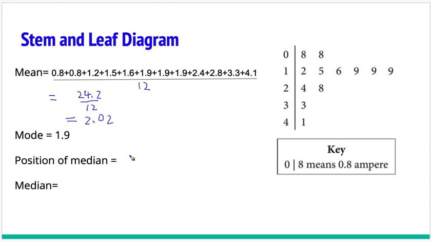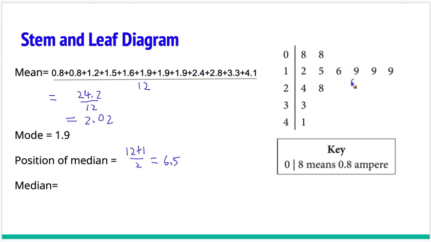The position of the median, there are 12 numbers, plus 1 divided by 2. 13 divided by 2 is 6.5 again. So it's between the 6th and the 7th score. We always count from the stem first. 1, 2, 3, 4, 5, 6.